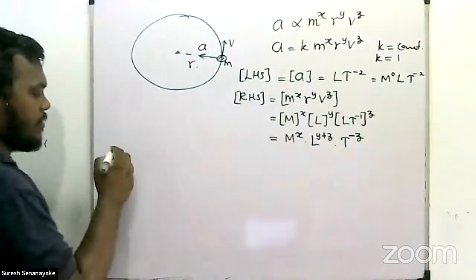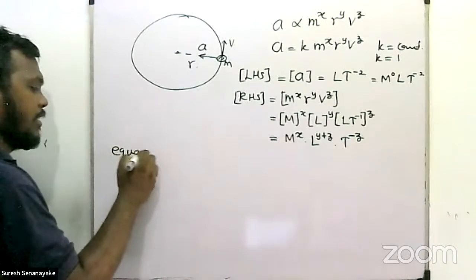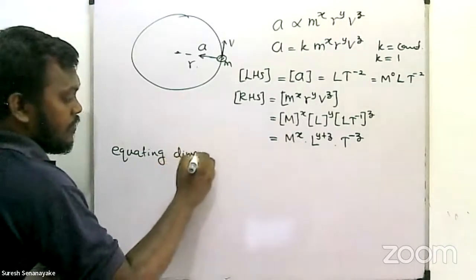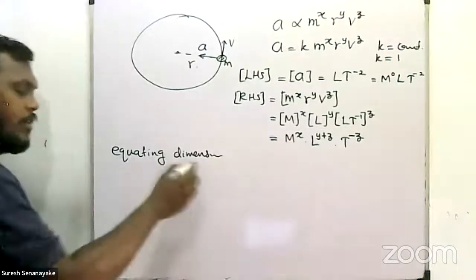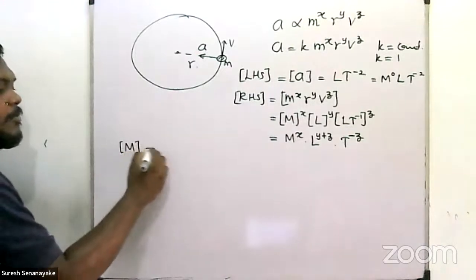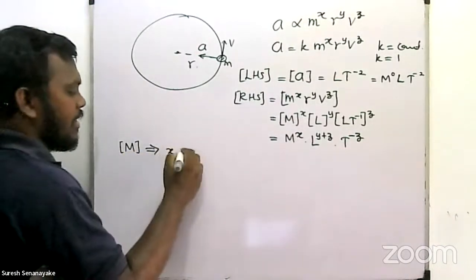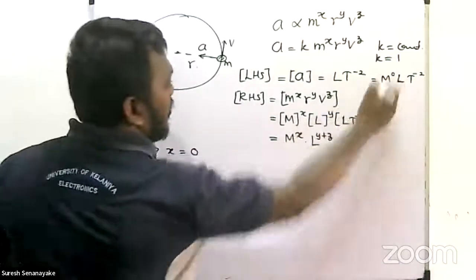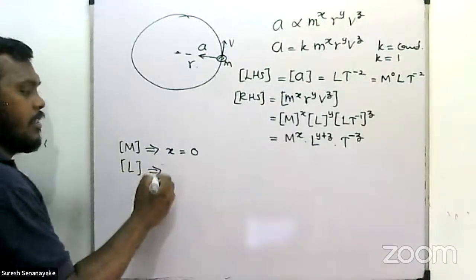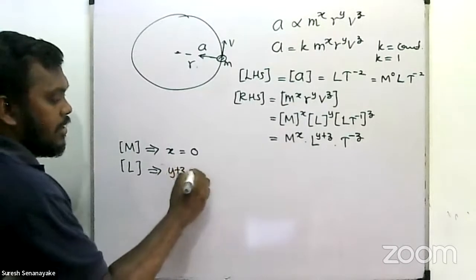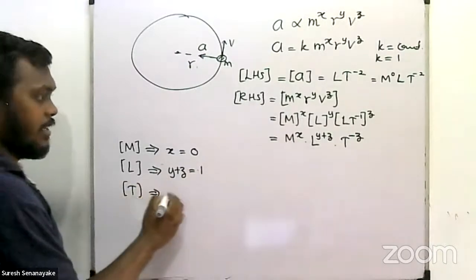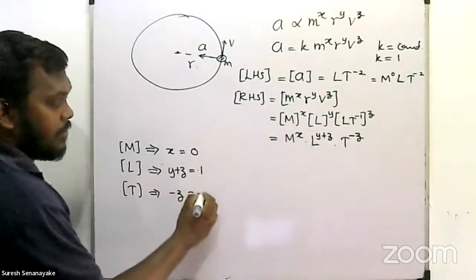Now we equate the dimensions of both sides. For the dimension of M, the right side is x and the left side is 0, so x equals 0. For L, the right side is y plus z and the left side is 1. For T, the right side is minus z and the left side is minus 2.